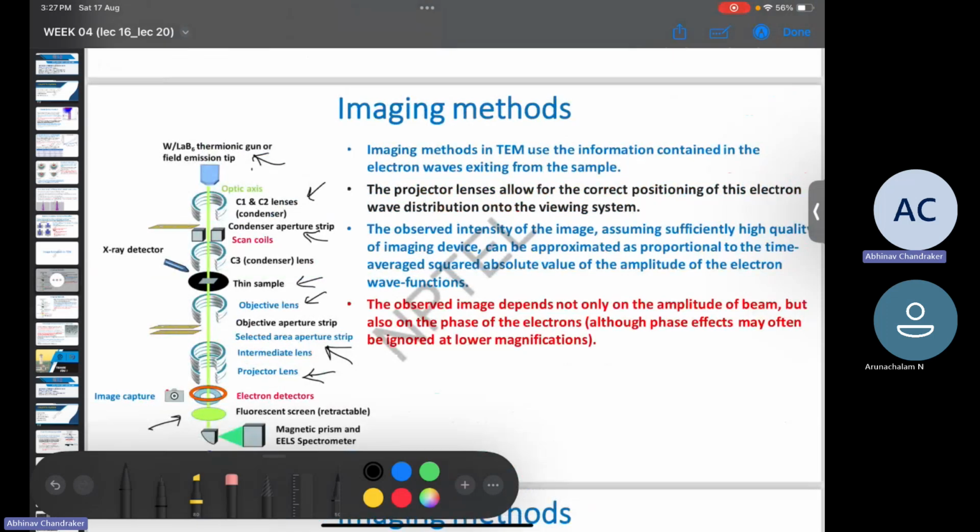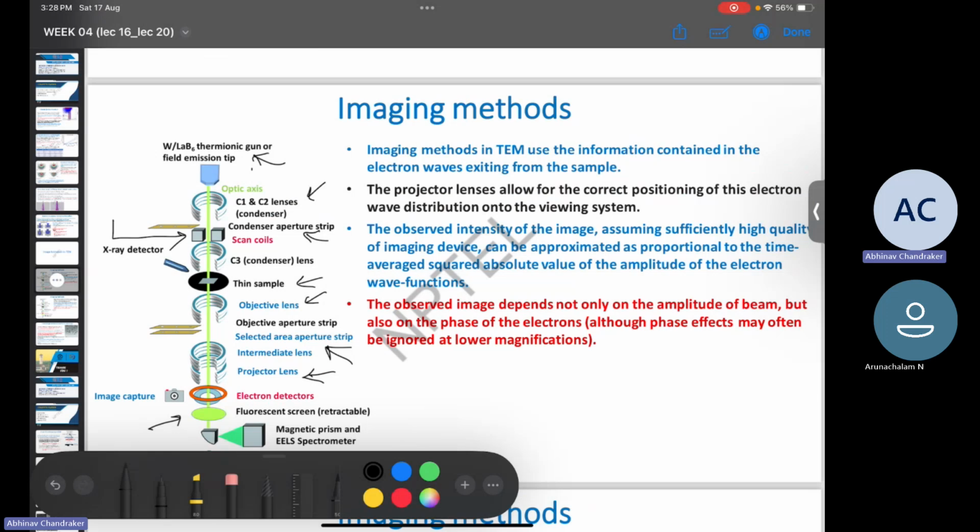Now, in case we have scanning coils, which we had not discussed last time, then instead of having just one longitudinal beam, you can have a beam that scans in a raster fashion over the surface of the specimen, and using that you can get information of a broader area, as well as some particular information which you cannot get from plain TEM.